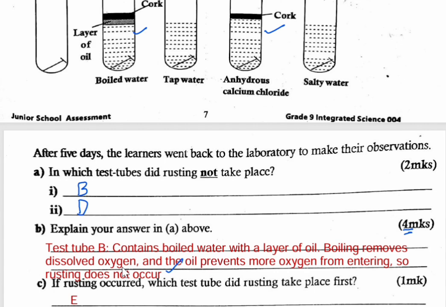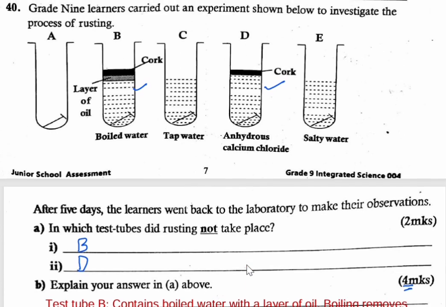So we continue. If rusting occurred, in which test tube did rusting take place first? So in B and D, no rusting. So we are left with A, C, and E. So if rusting occurred, then the test tube in which rusting will take place first is E, the one with salty water.